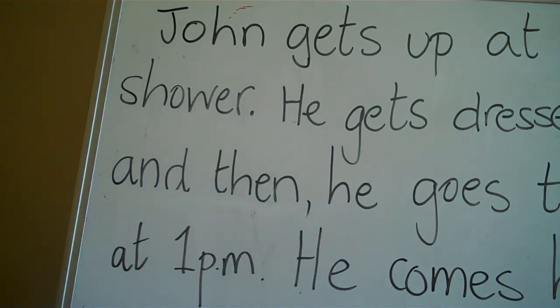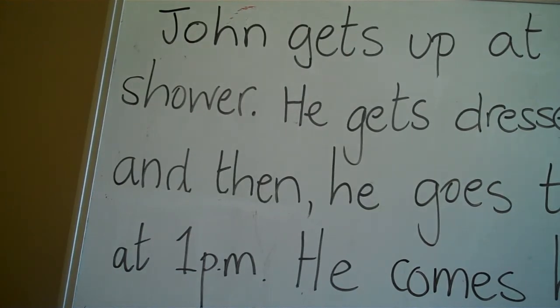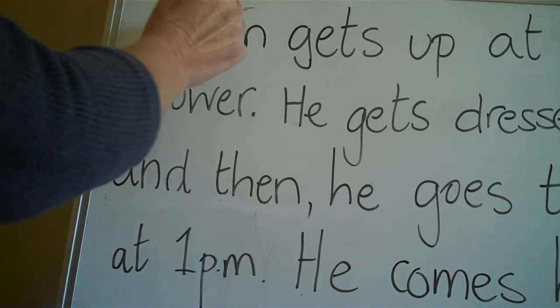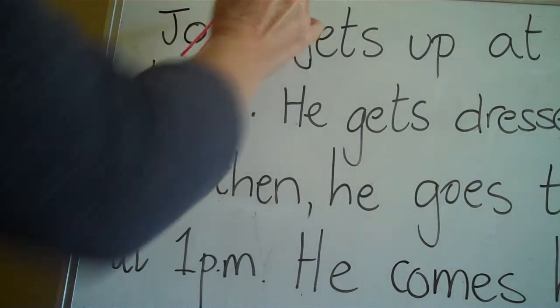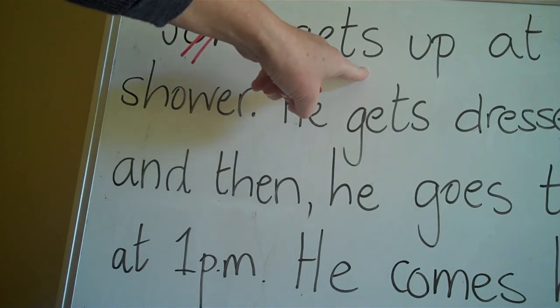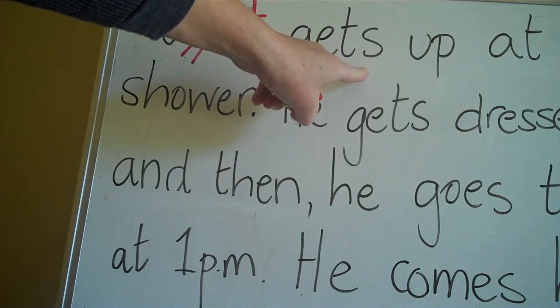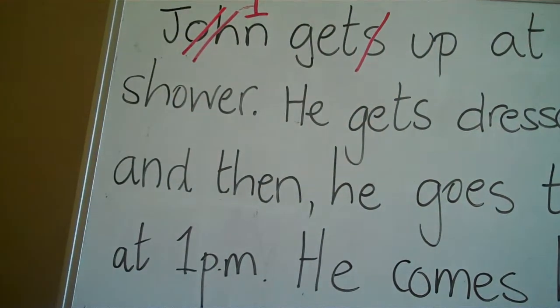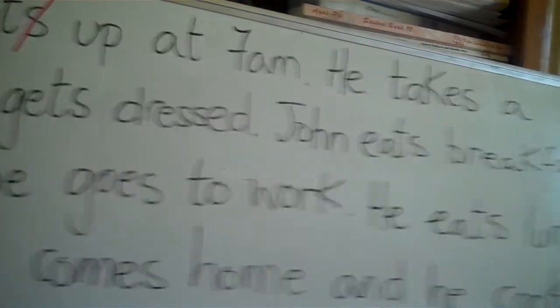Alrighty. Well, welcome back, because this time we're going to change it. Let's change this. It's not going to be he, it's going to be I. So, let's do it together. I. Now what's the problem here? Not gets up, because it's I. I get up at 7 a.m. What's my next sentence?